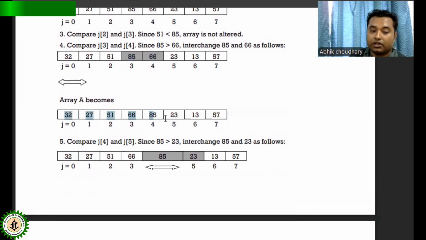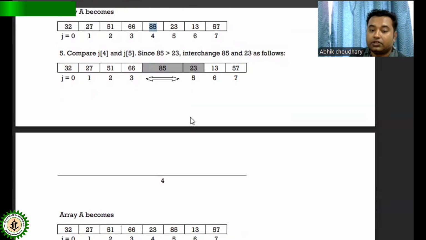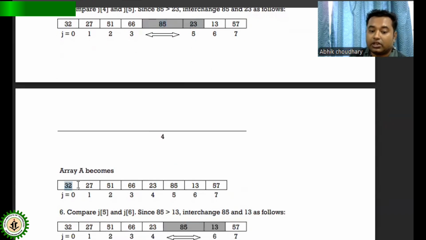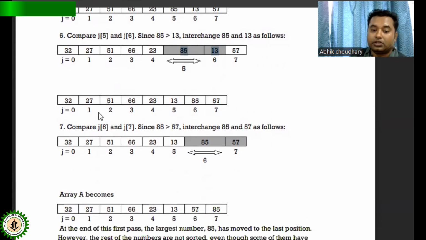The array will be 32, 27, 51, 66, 85, 23, 13 and 57. Now 85 will be compared with 23. If it is in the wrong position, then it will interchange. Now 85 is compared with 13, and 13 will be interchanged with 85. Then the array will be this.